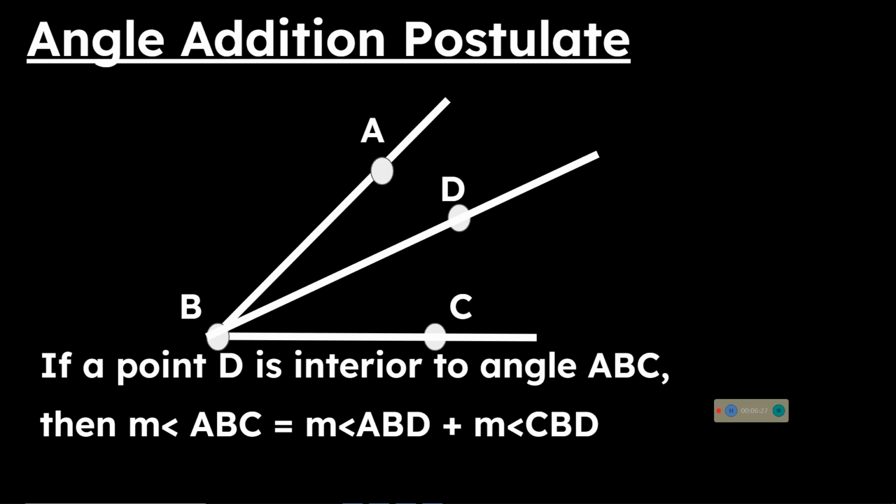And if I add up those 2 angles, then I would get the whole angle's measure. That's all it's saying. ABD represents this angle right here, and DBC represents this angle on the bottom. So if I add those 2 up, we get the whole angle. So the angle addition postulate is what we'll be using.